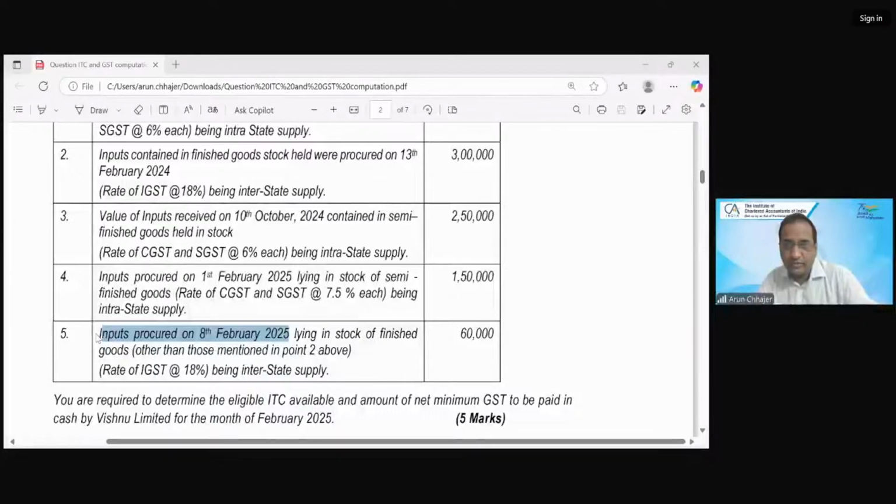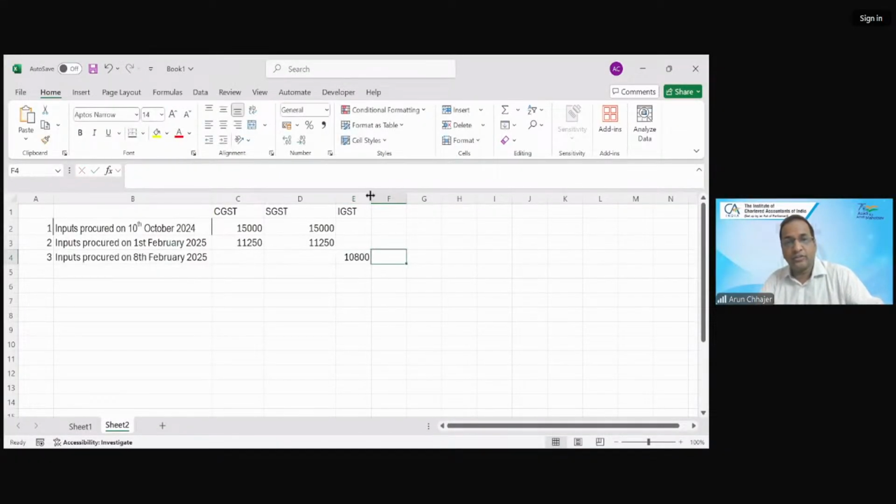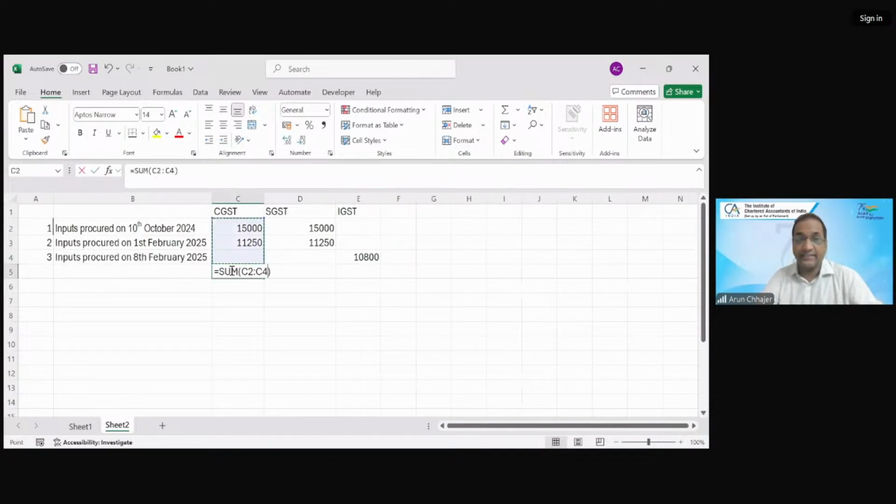The amount is 60,000 multiplied by 18%. ठीक है, so this is the total ITC, right?